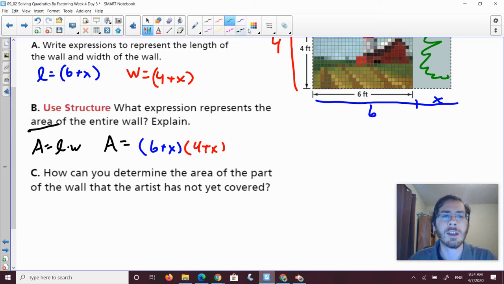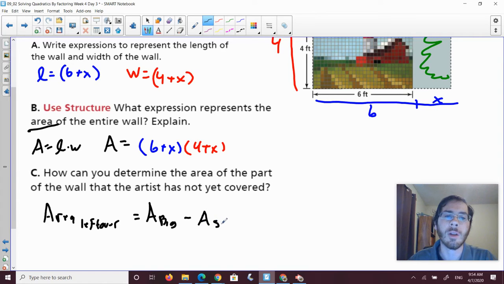We could say that the area left over, and this is going to be an important thing in geometry, is the area of the big piece, so in this case the whole wall, minus the area of the small piece. So in this case, that would be just the mosaic that's been done. And if we just subtract those two areas, we should get all the leftover area.